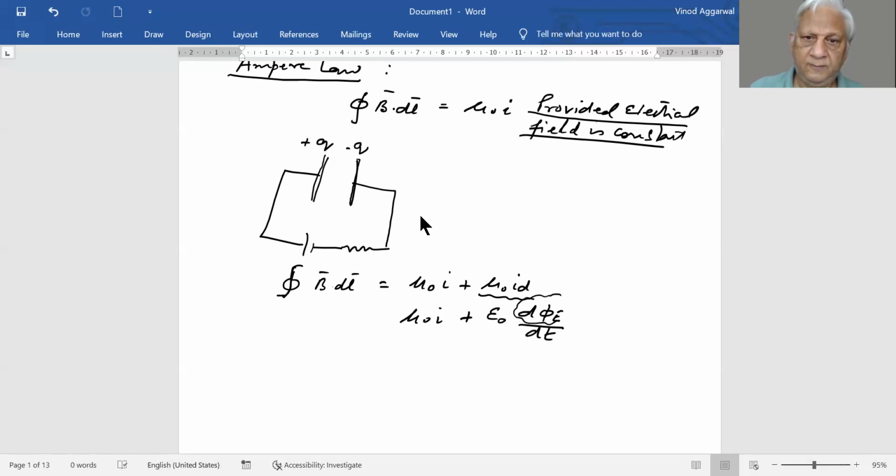This term is the flux of electrical field, which is nothing but electrical field into area. And the rate of change of this flux, into epsilon, gives rise to a current called displacement current.